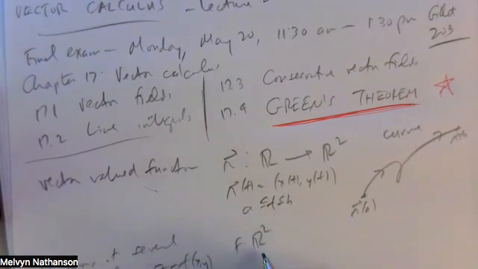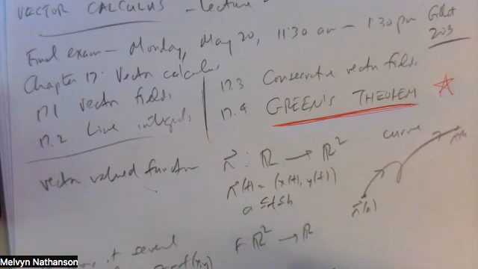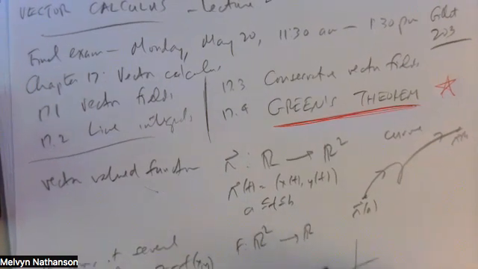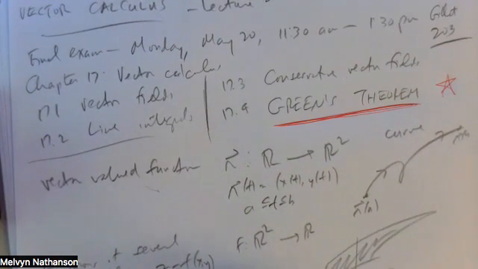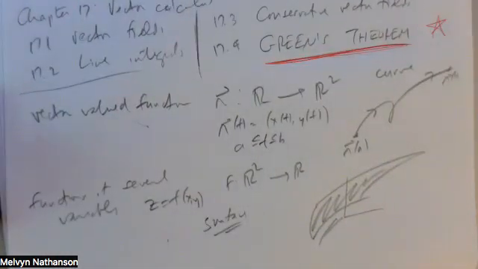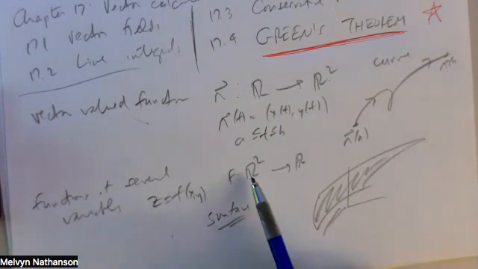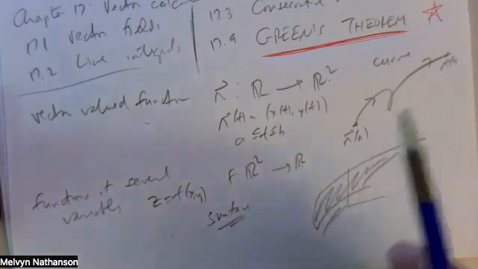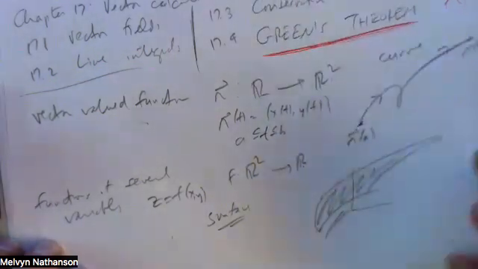So f was a function from two variables, from the plane to R. And the graph would be a surface in 3-space. That's what the graph of a function of two variables looks like. So for a vector valued function, you have a real number that's sent to a vector. For a function of several variables, you have a vector that's sent to a number, and a vector field is a function that sends a vector to a vector.